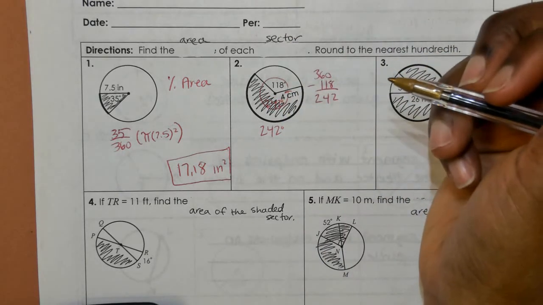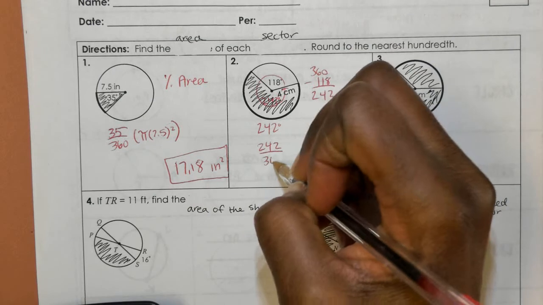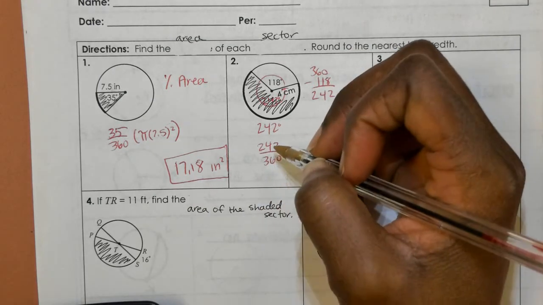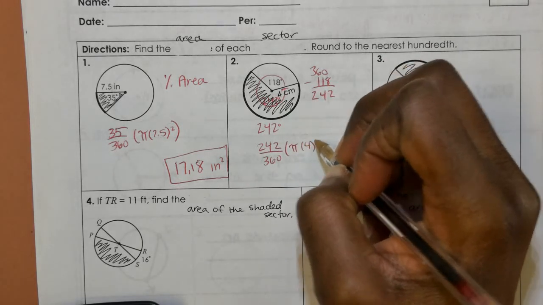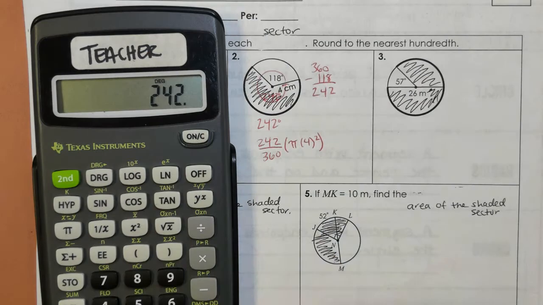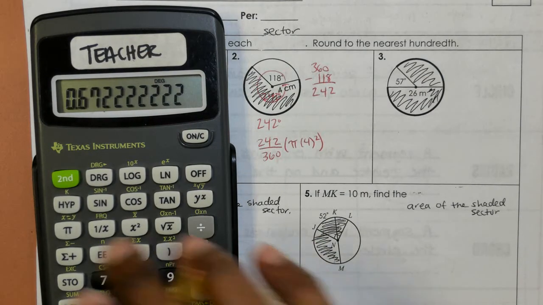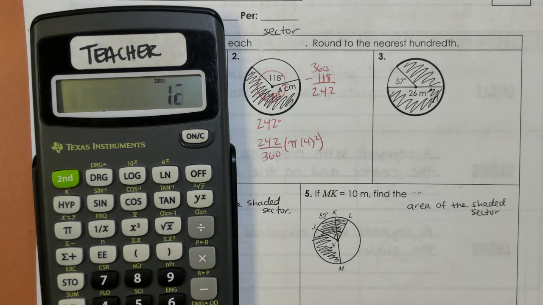All right, so then we're trying to figure out 242 is what percentage of 360, and then we're going to be multiplying that by the area. So 242 divided by 360 times pi times 4 squared equals.